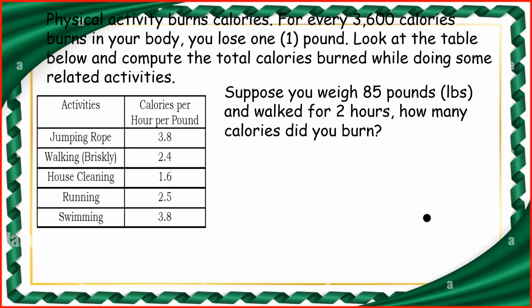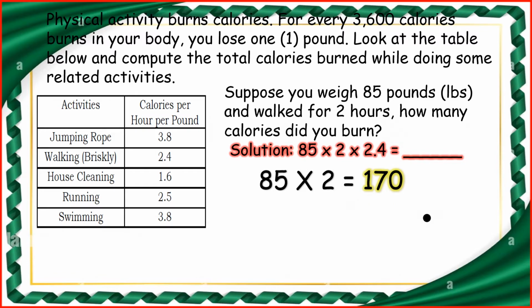Suppose you weigh 85 pounds and walk for 2 hours. How many calories did you burn? For the solution, we must multiply first 85 times 2 times 2.4, which is the calories per hour per pound.